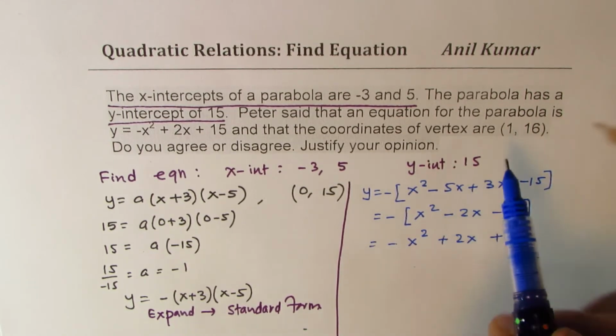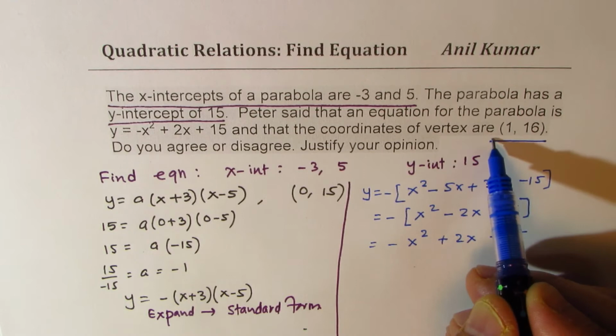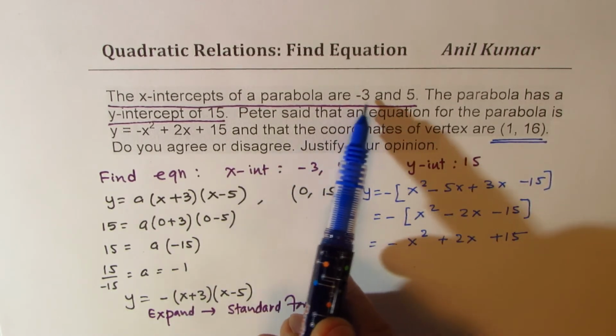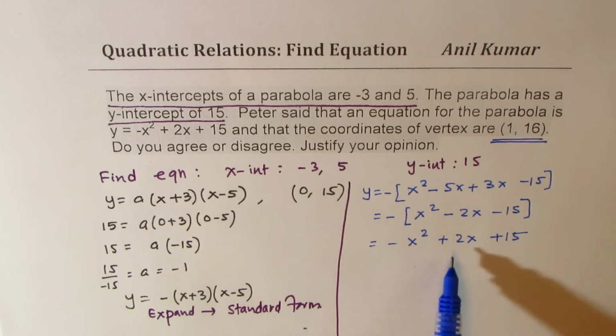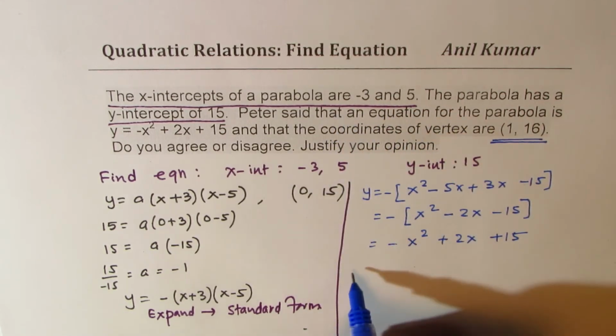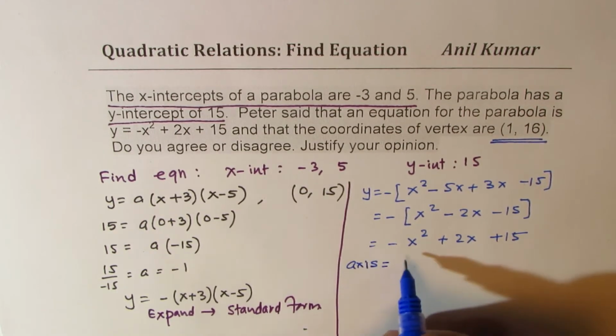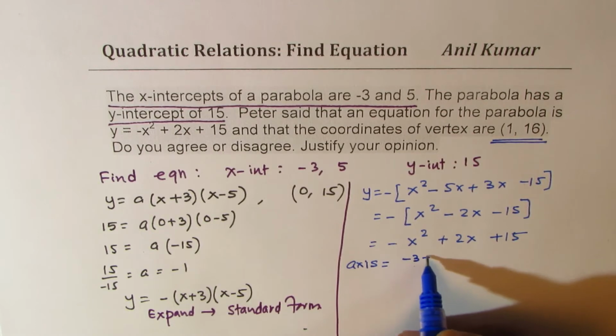Now, you need to also verify whether the point (1, 16) is the vertex or not, correct? Now, to find the vertex from these x-intercepts, you could add and divide by 2, or you can do minus b by 2a, right? So either way, we know the axis of symmetry for this particular equation is at the center of the zeros, correct?